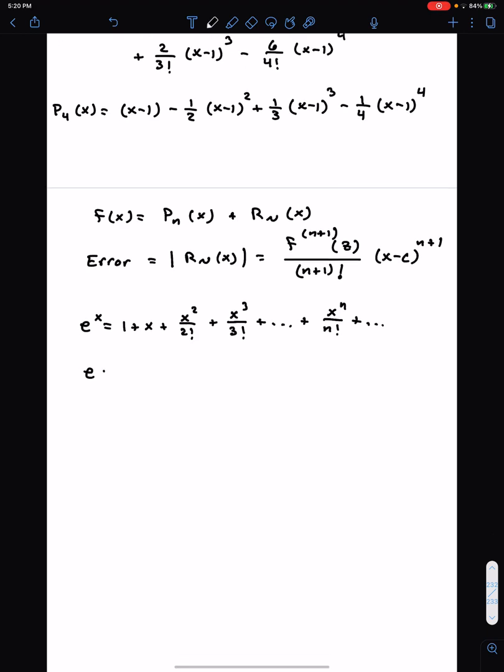So e to the 1 can be written as approximately 1 plus 1 plus 1 over 2 factorial plus 1 over 3 factorial plus 1 over 4 factorial, and so on, plus 1 over 5 factorial.